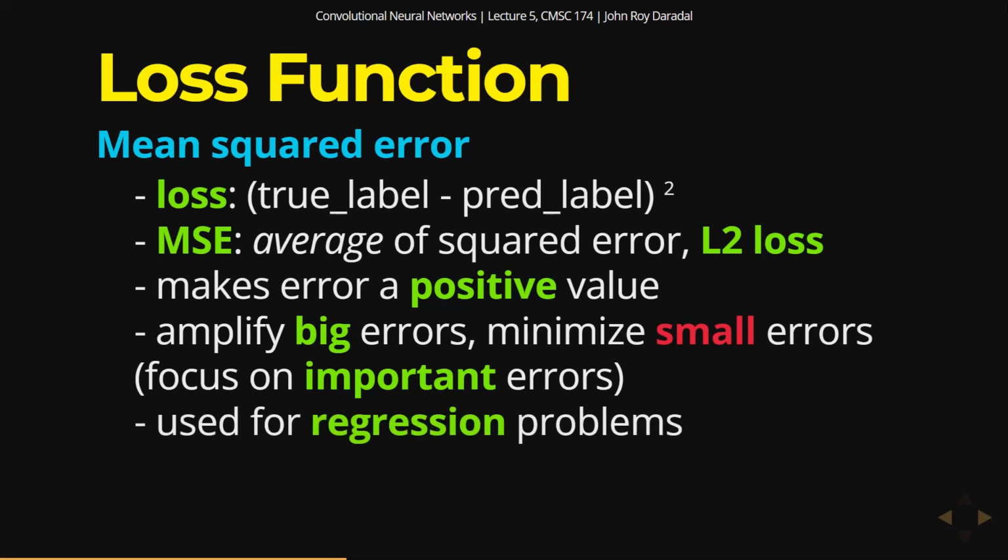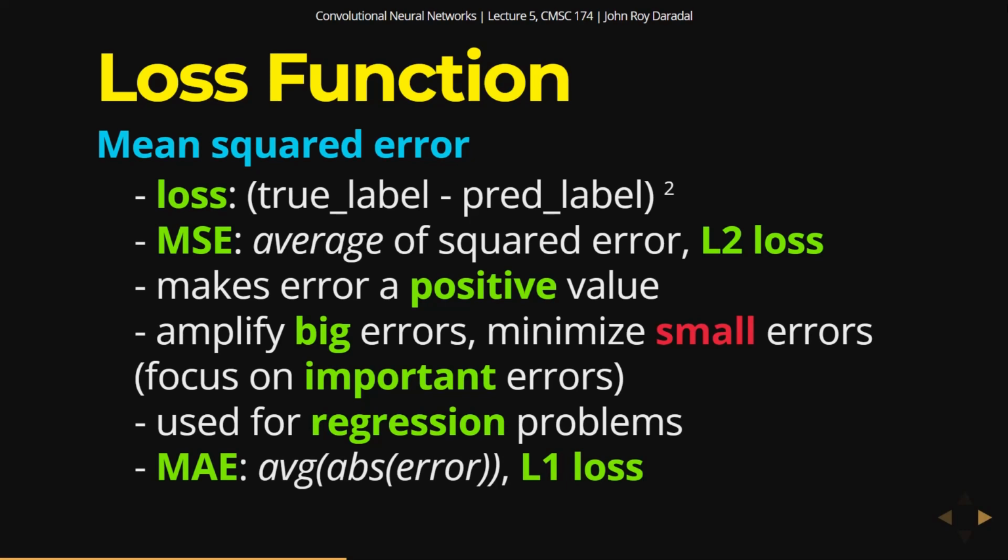Okay, so mean squared error is usually used for regression problems. So we'll introduce another loss function later on for classification problems. There is also another one called L1 loss, which is the average of the absolute value of the error. So we don't square the error, we just take the absolute value. So that also makes the error positive, but it doesn't amplify the big errors or minimize the small errors.